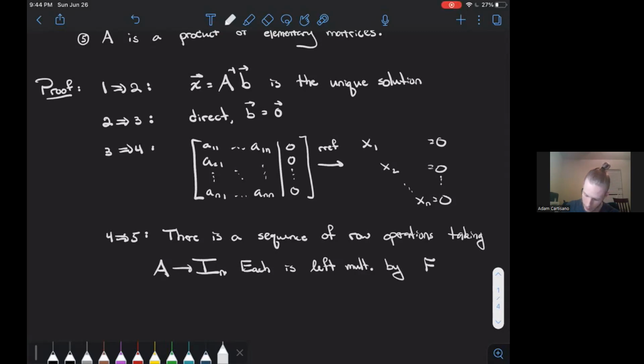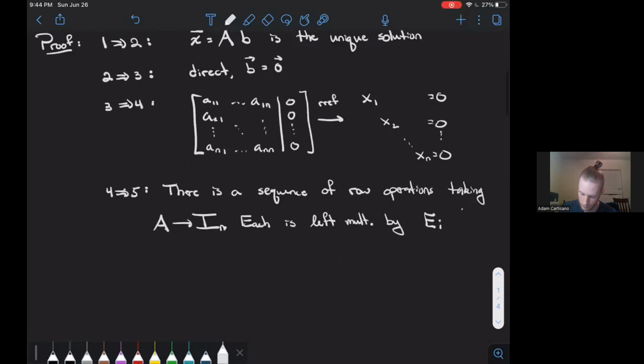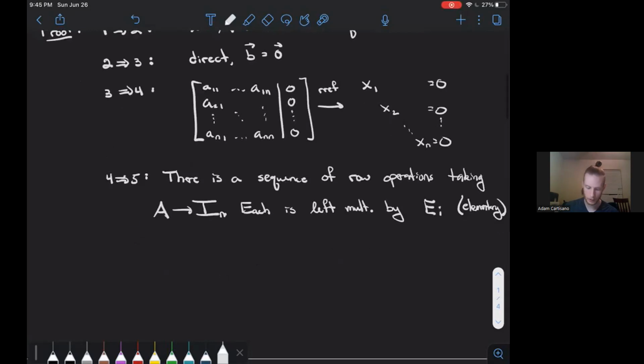I'm going to write that Ei, elementary. Okay, so each row operation is left multiplication by some elementary matrix. In other words, the identity is you take A, then multiply by E1.